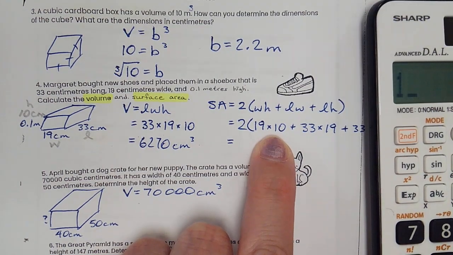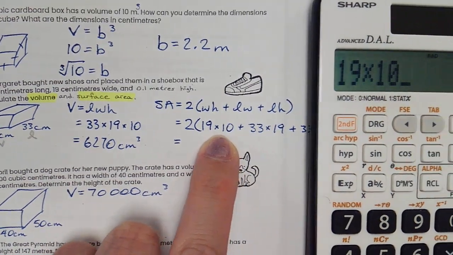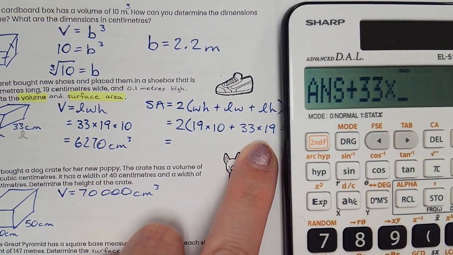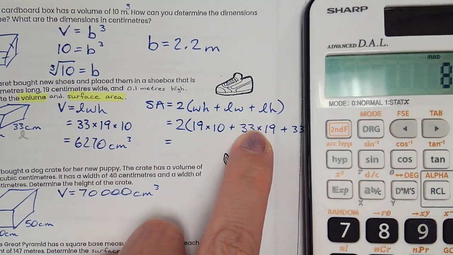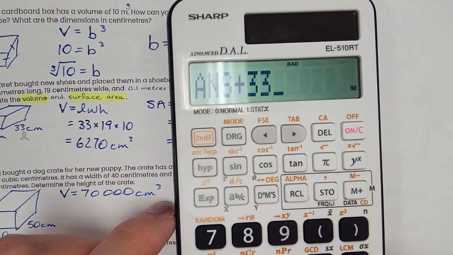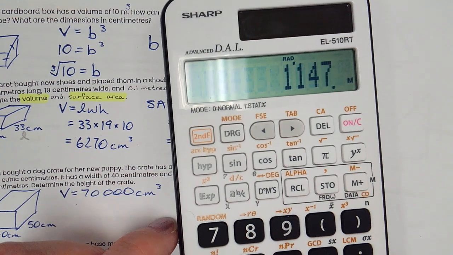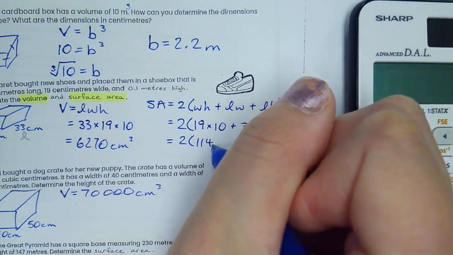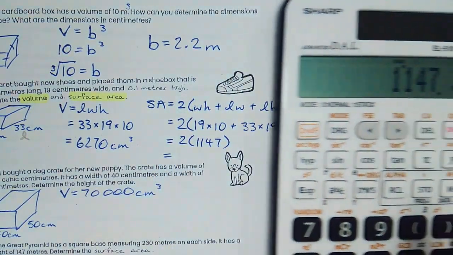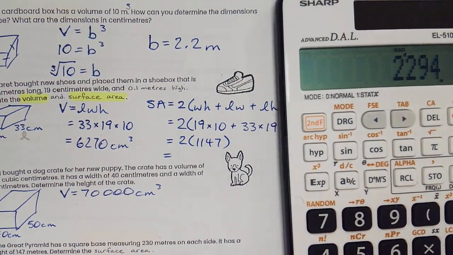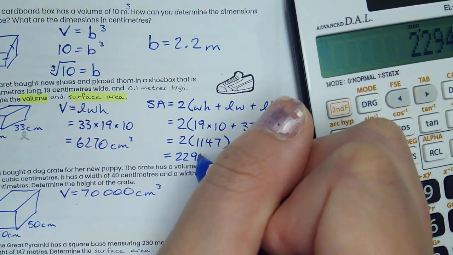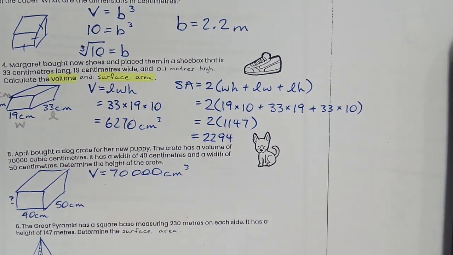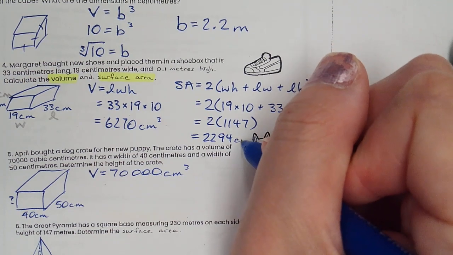Okay, so 19 times 10, you get 190, plus 33 times 19, you get 627, plus 33 times 10, you get 330. So 2 times 1147. Then multiply it by 2. You get 2294. So Vincent, what's my unit for surface area? Centimeters squared. Good job.